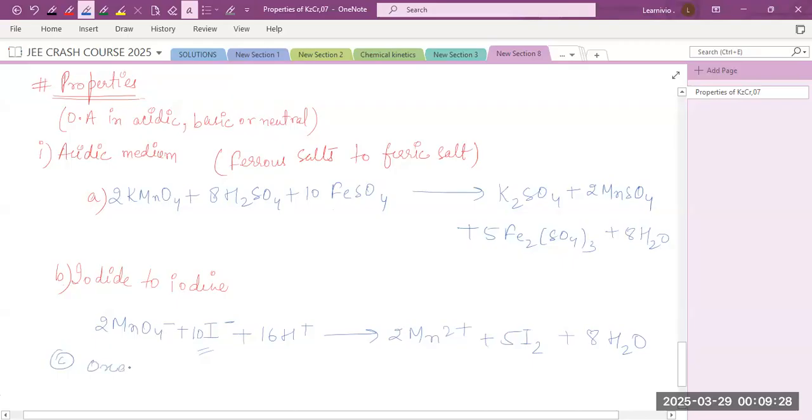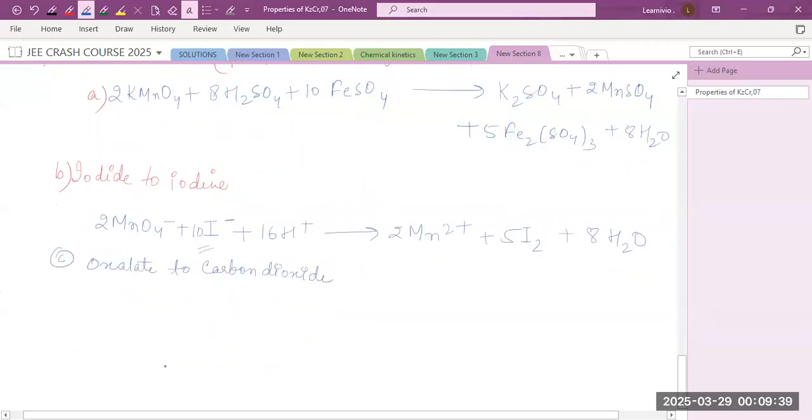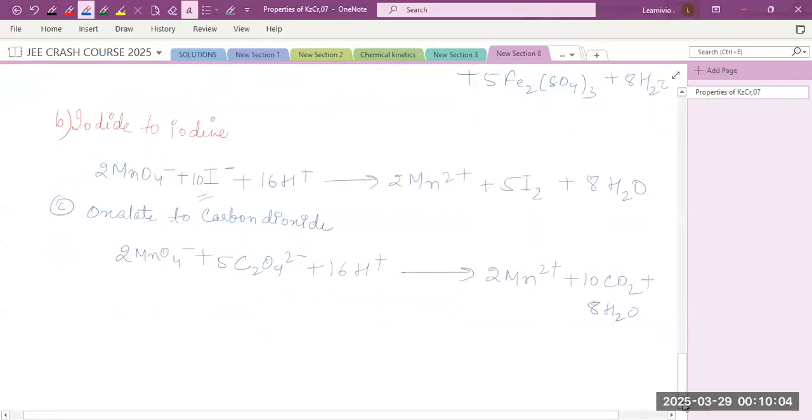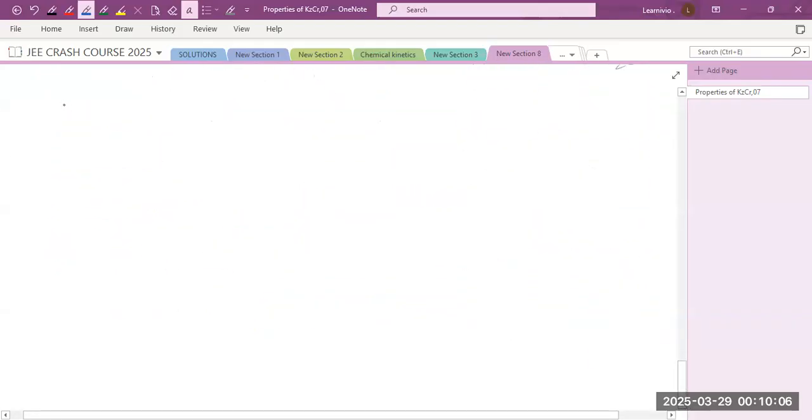It will oxidize oxalate to carbon dioxide. Let's see: 2MnO4 minus plus C2O4 2 minus, oxalate, plus 16H plus. Now it will convert this oxalate to carbon dioxide, 10CO2 plus 8H2O. So these are the properties of KMnO4, potassium permanganate.